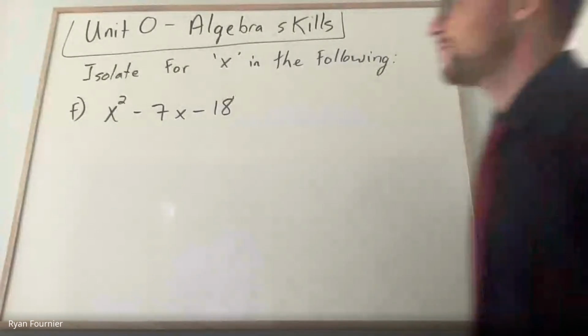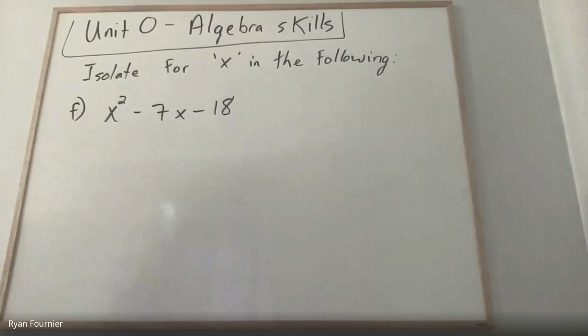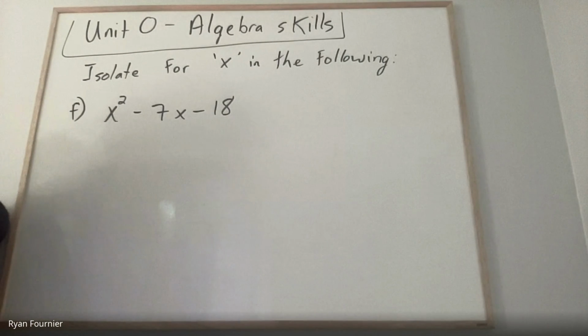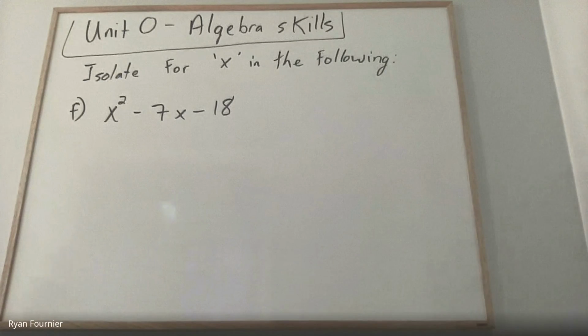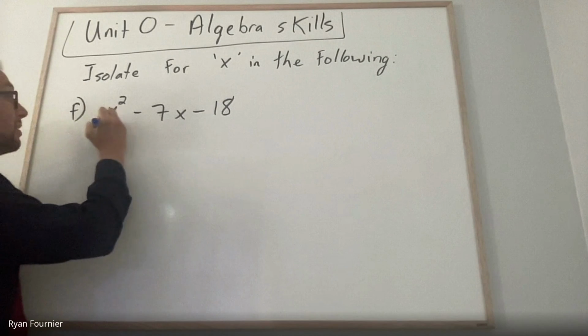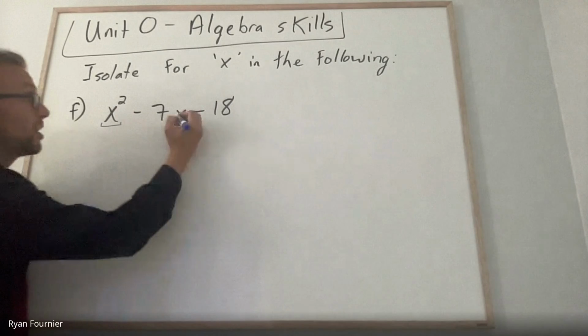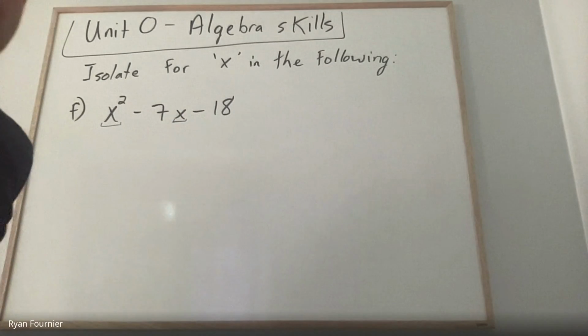Okay, the final thing here. And again, we're going to practice all this on the worksheets, right? So you have x squared minus 7x minus 18, and I want to get x. So I'm going to underline something here. Whenever there's an x squared and an x, does anybody remember what kind of equation this is?